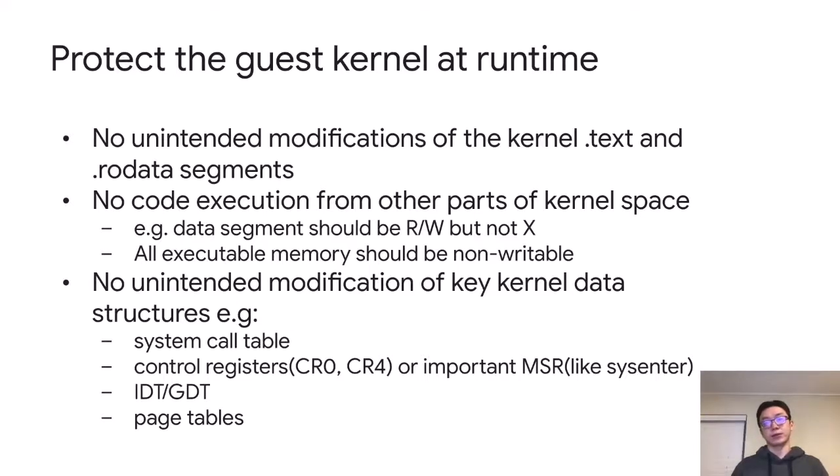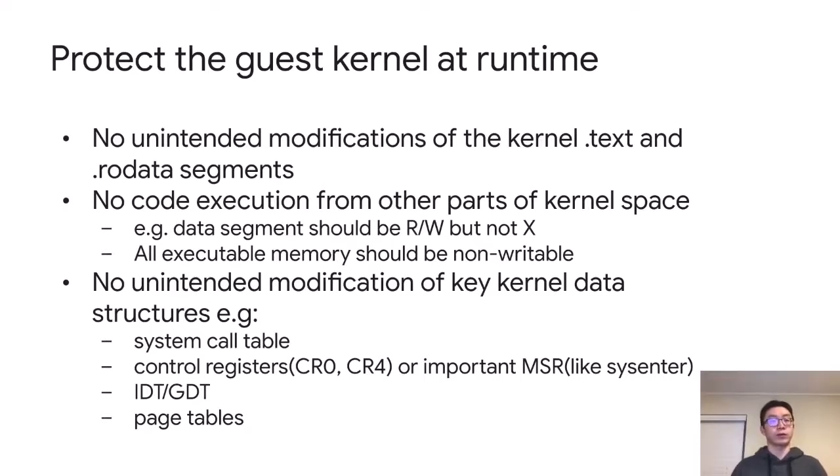And there are other important MSRs, like the SYSENTER MSR. There's a paper talking about utilizing that MSR to hack some system calls. Of course, similar to the system call table, there are the IDT, the interrupt descriptor table, and the GDT, the global descriptor table.